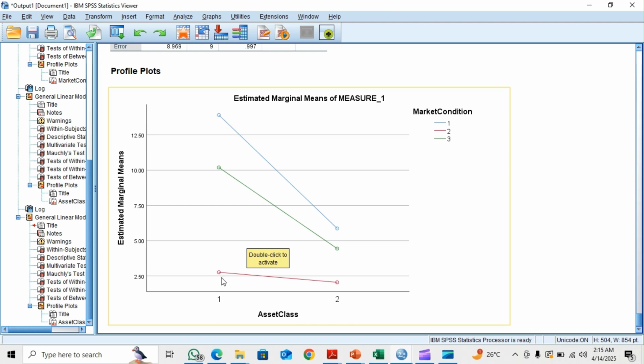And we can clearly see that in the first condition, which is the pre-crisis condition, we experience very high returns. So our returns were higher in the pre-crisis condition, followed by the post-crisis condition, and the lowest during the crisis period.